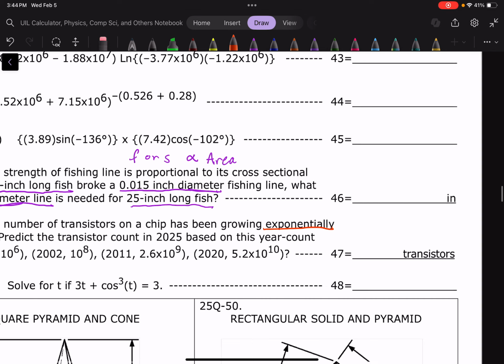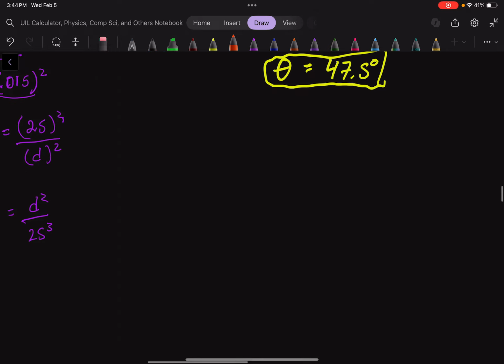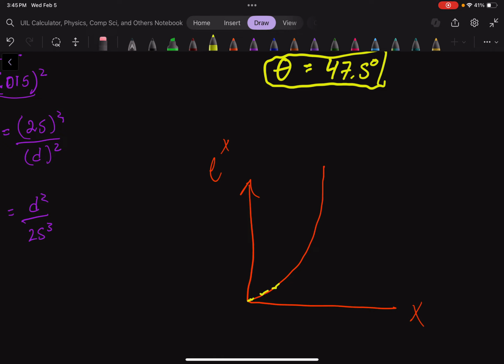Well, what do we do? We need to match the growths of these numbers. So just really quickly, if I'm plotting x versus e to the x, we're going to see something like this. But to be able to get an accurate prediction, we need to linearize the data so that we can just do linear regression. How do we do that?